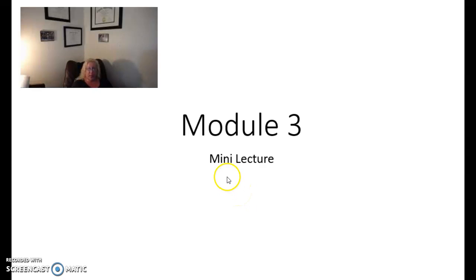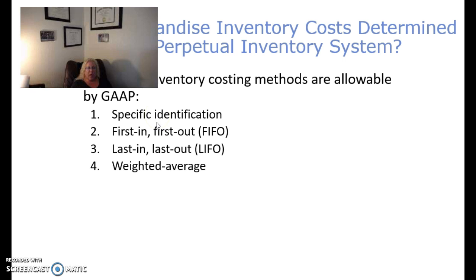We're going to be talking about inventory today. An inventory costing method is a method of approximating the flow of inventory cost in a business that is used to determine the amount of cost of goods sold and the ending inventory, merchandise inventory. The costing methods are specific identification, first in, first out, last in, first out, and weighted average.